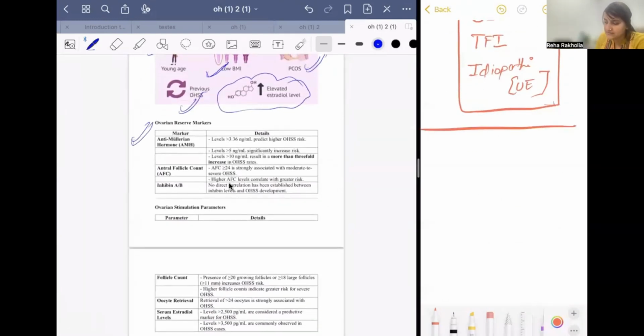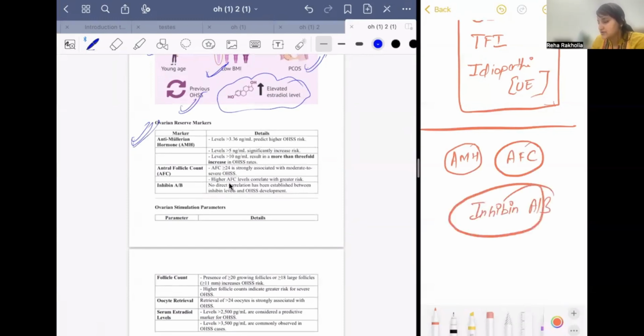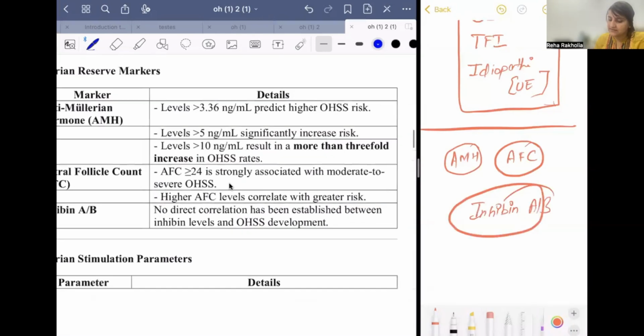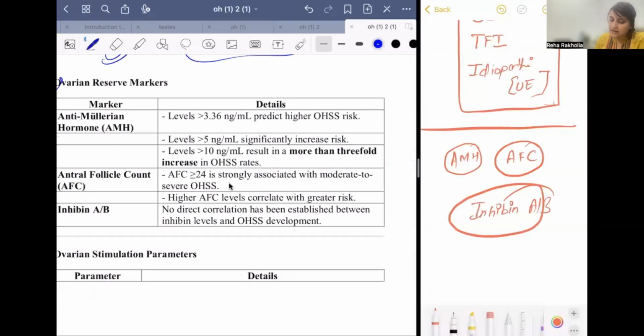Now, ovarian reserve markers. We'll talk about three ovarian reserve markers: AMH, AFC, and inhibin A and B. So AMH level above 3.36 nanogram indicates a higher risk of OHSS, okay?